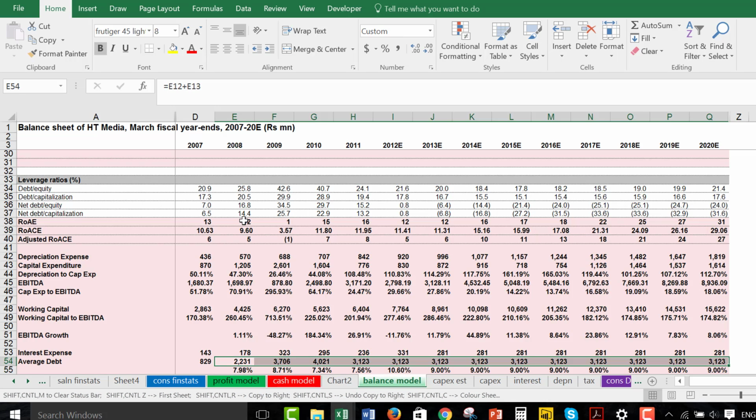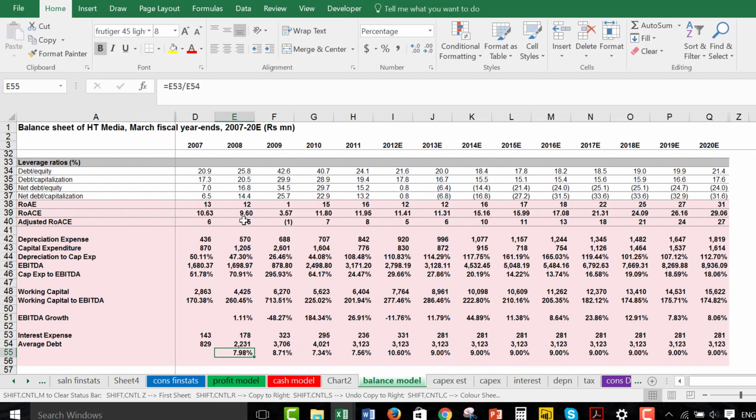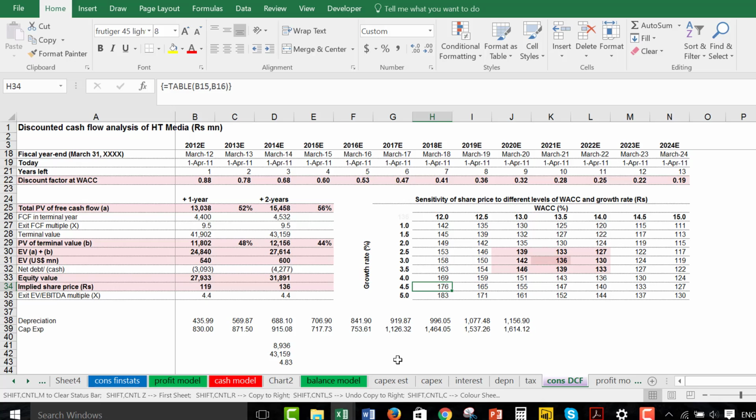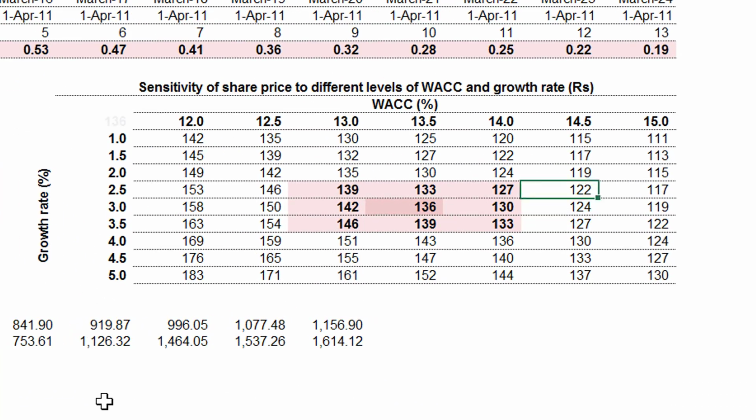Now, just to finish this off, let's see what actually happened. If you go to the consolidated DCF, remember this was his valuation, and this was the low valuation, and this was the high valuation.